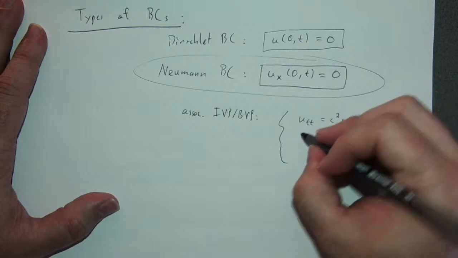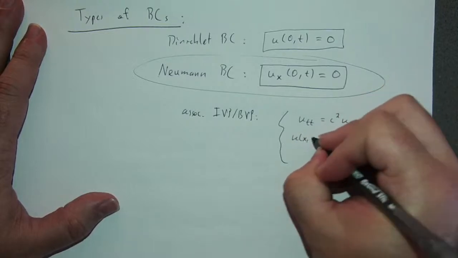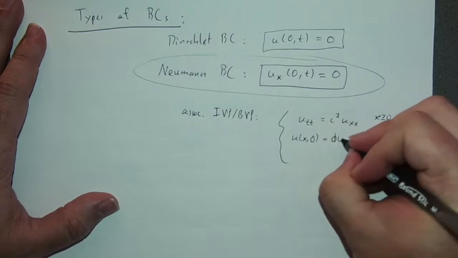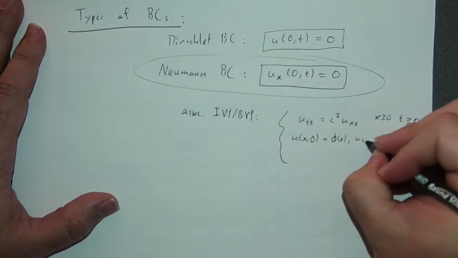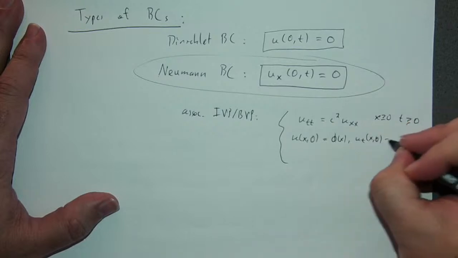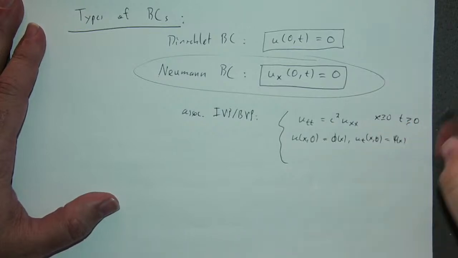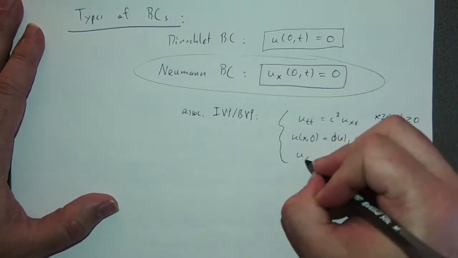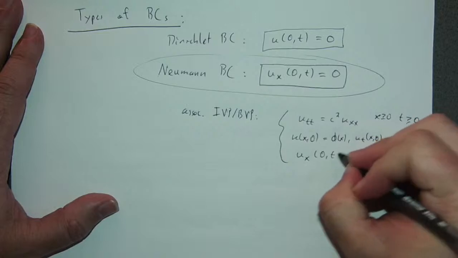And we have u of x, 0 is phi as usual, u sub t of x, 0 is psi on the same region. And then we have this Neumann condition.